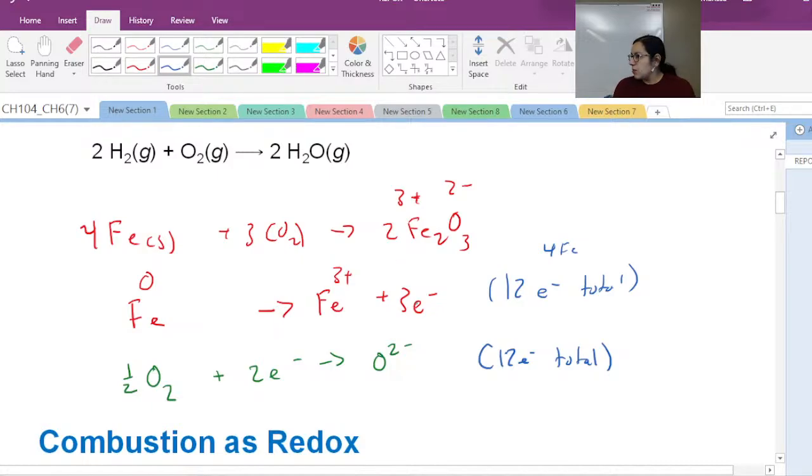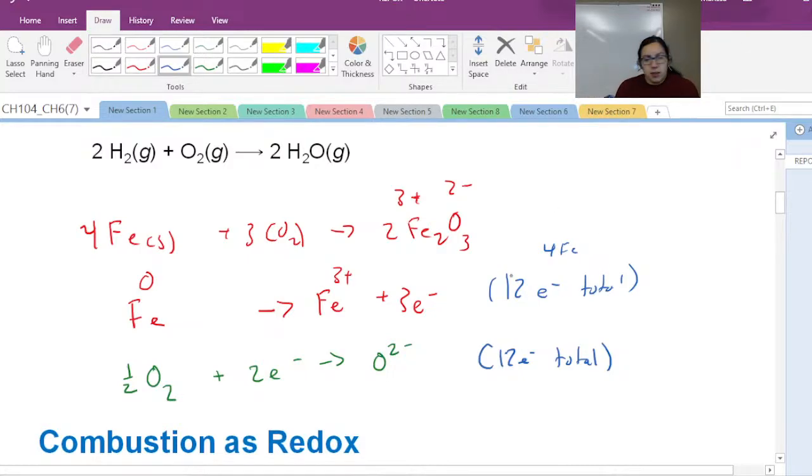This is something else to think about for the future, that you have to balance, again, the electrons. It won't be that big of an issue in this class, but something to keep in mind. And so again, we're seeing that behavior where the metal is supplying the electrons. That's what we've been seeing, that the metal gives up those electrons.